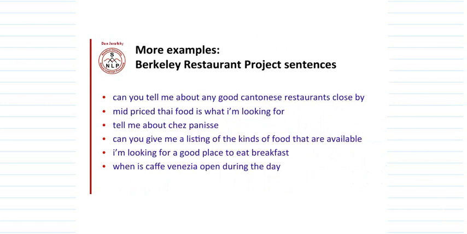There is a corpus called the Berkeley restaurant project sentences, with sentences like: can you tell me about any good Cantonese restaurants close by, or tell me about the cheese panisi. These are example sentences taken from that corpus.